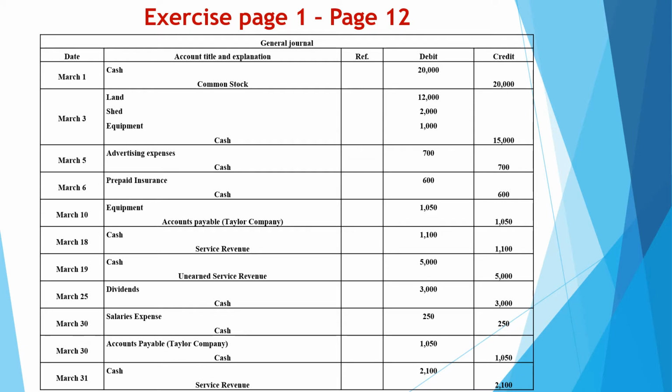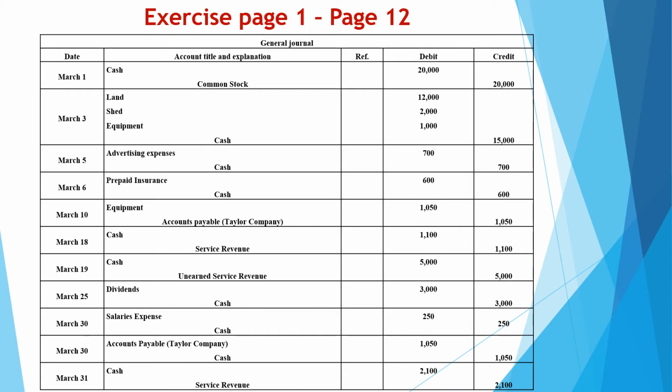On March 1, invested $20,000 cash in the business, in exchange for common stock. What does this mean? This means that we sold common stock for $20,000 cash, so we received $20,000 cash. When we received $20,000 cash, the cash would increase and it is an asset account.